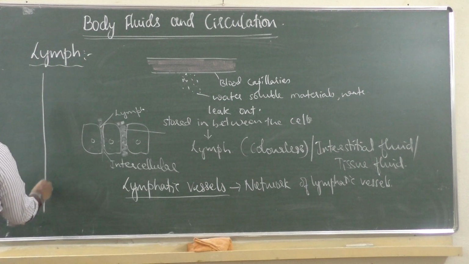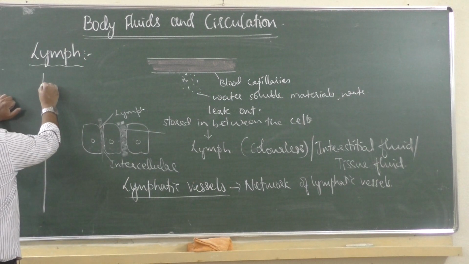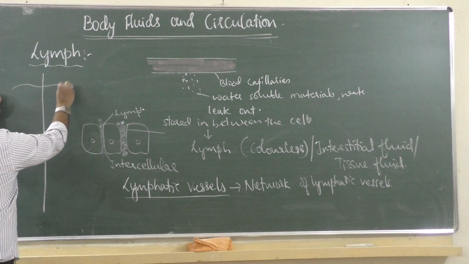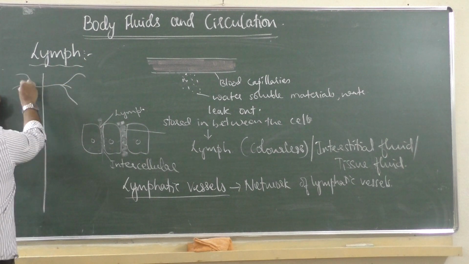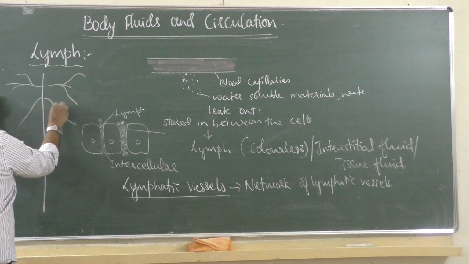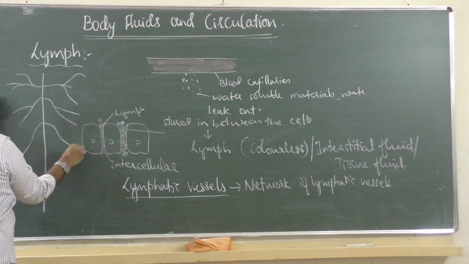If this is a main lymph vessel, then it produces many branches like this, and it is supplied to the whole body.